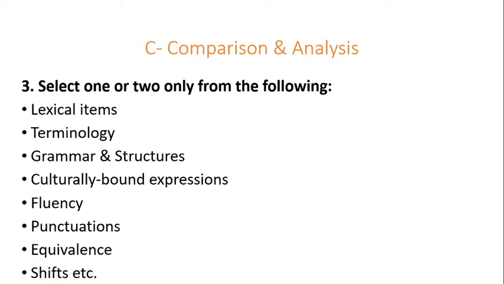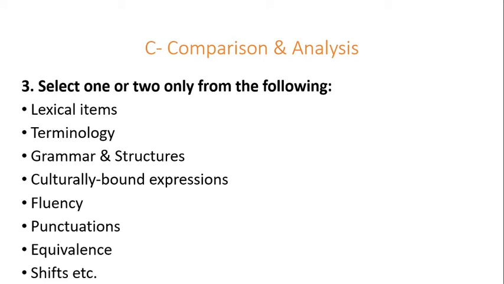And as you know, many scholars have different categories of equivalence, and the shifts also the same. So you can select one of those theories for your comparison and analysis. But remember, if you have not studied these theories, don't touch them.